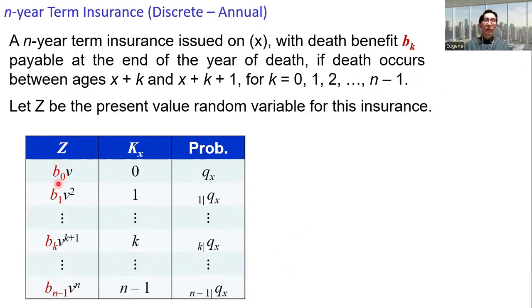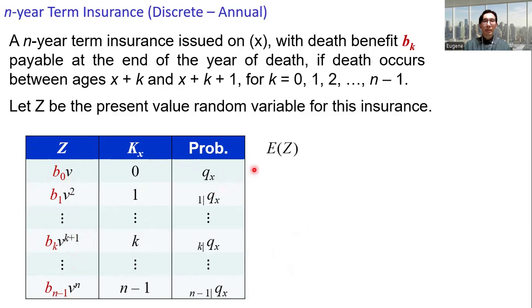The individual dies within the first year, K_x equals 0 with probability q_x. The death benefit b_0 is paid by the end of year 1 of the policy. So Z, the present value, is b_0 times nu. And then the rest follows.